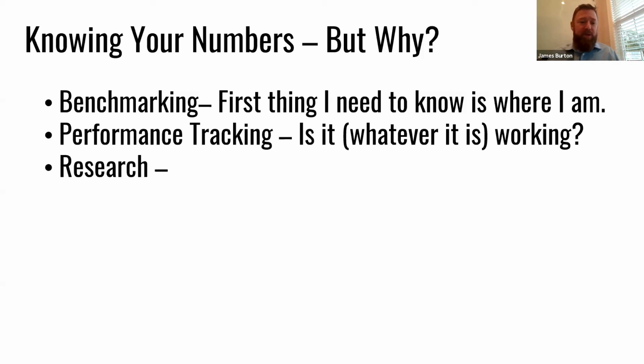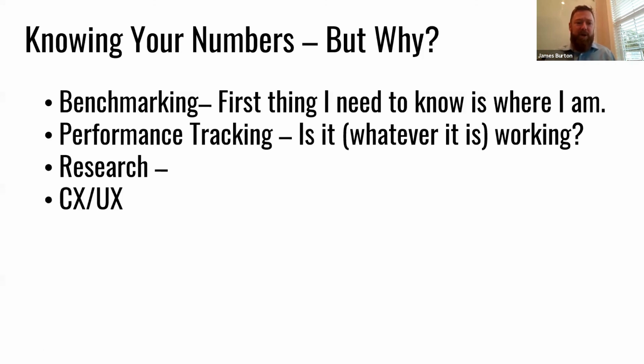So we can use it for research. We can actually use this to get a better idea of customer research. One of the most important things for a brand to know is what our customer actually looks like. Who is our customer? What are they interested in? What are they like? We can actually get some customer research out of our Google Analytics.